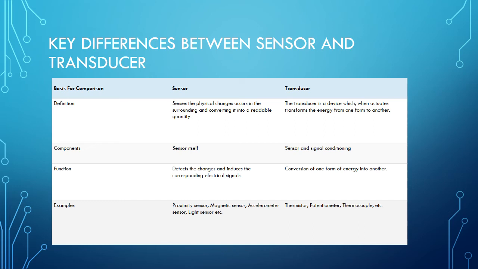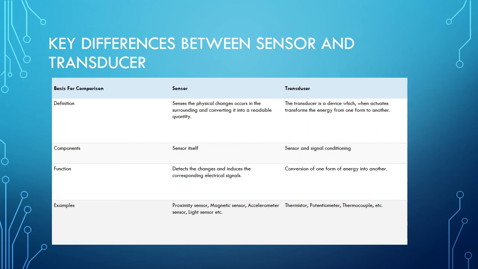The accelerometer, barometer, and gyroscope are some of the examples of the sensors, whereas the thermistors and thermocouples are some of the examples of transducers. The sensor and the transducers both are physical devices used for measuring the physical quantities like temperature, displacement, heat, etc., which are difficult to measure.